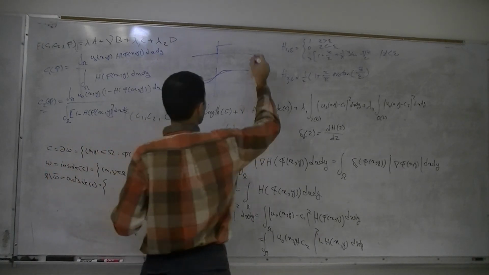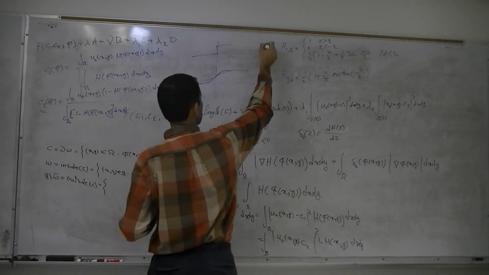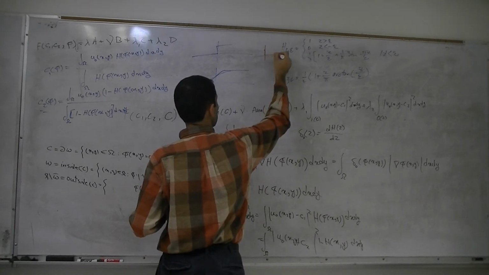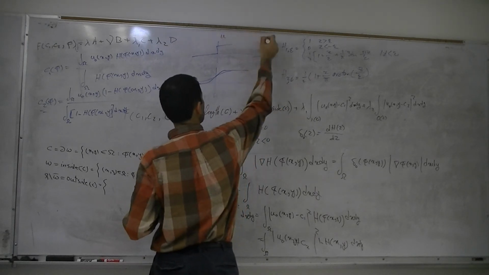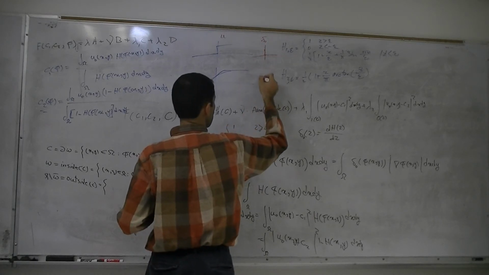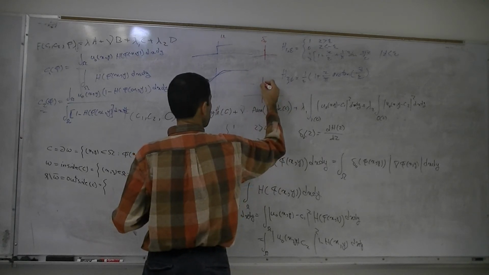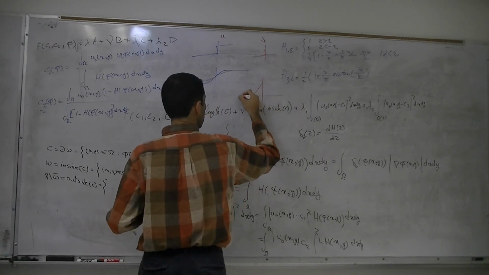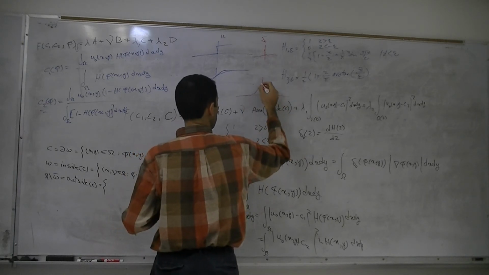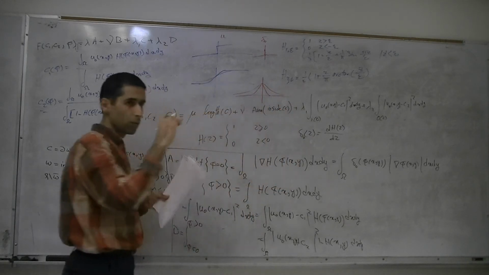If I want to draw the delta function, this is the u and this is the delta 0. For the first one it is like this, and for the second one it is something like this, but it's very narrow.